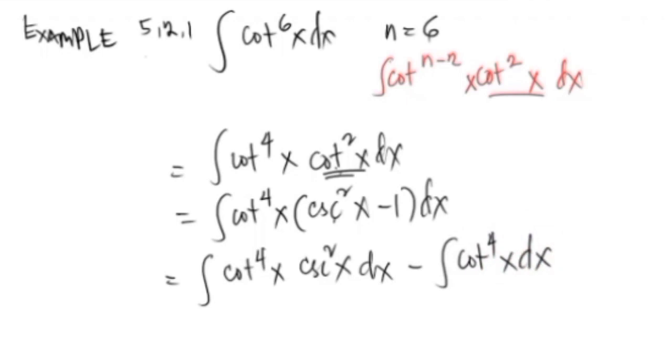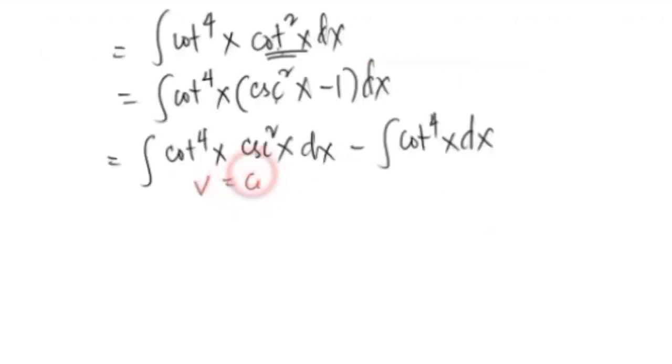So we let v be equal to cotangent x. If v is equal to cotangent x, then dv is equal to negative cosecant squared x dx. So here we are missing a negative, so we multiply by a negative.